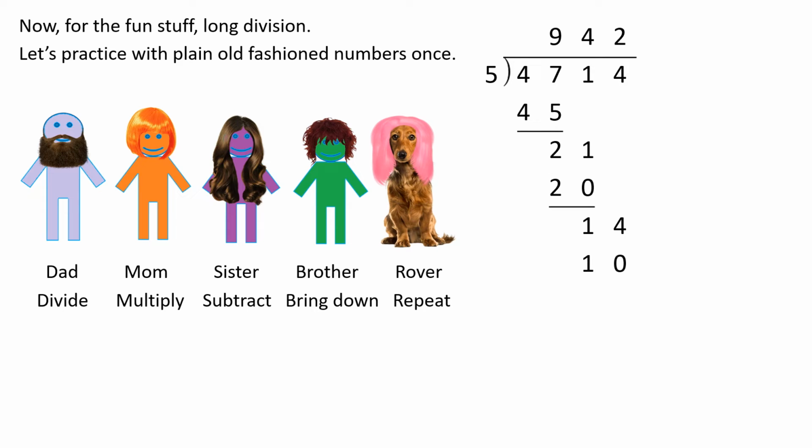Multiply, 5 times 2 is 10. Subtract, I get 4. Bring down, oh, there's nothing to bring down. So Rover says look for that remainder, and there's a remainder of 4. But I have to remember I was dividing by 5, so the remainder is actually 4/5. So the answer is 942 and 4/5.